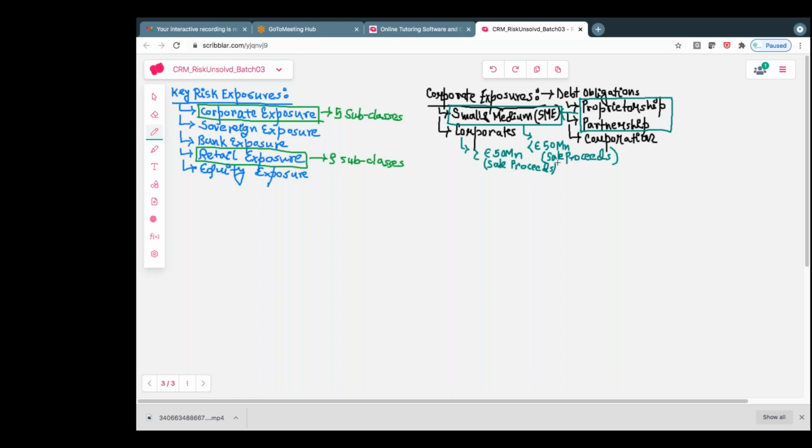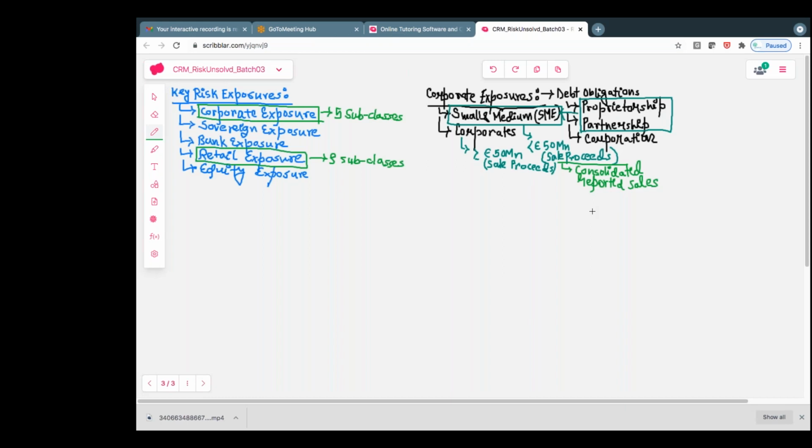So when I talk about sales proceeds in terms of accounting, how do you define sales proceeds? Sales proceeds is defined as the consolidated reported sales of the entity.